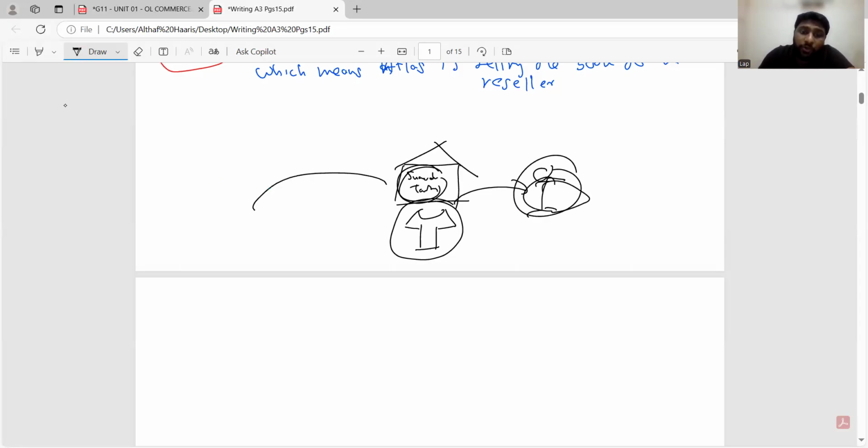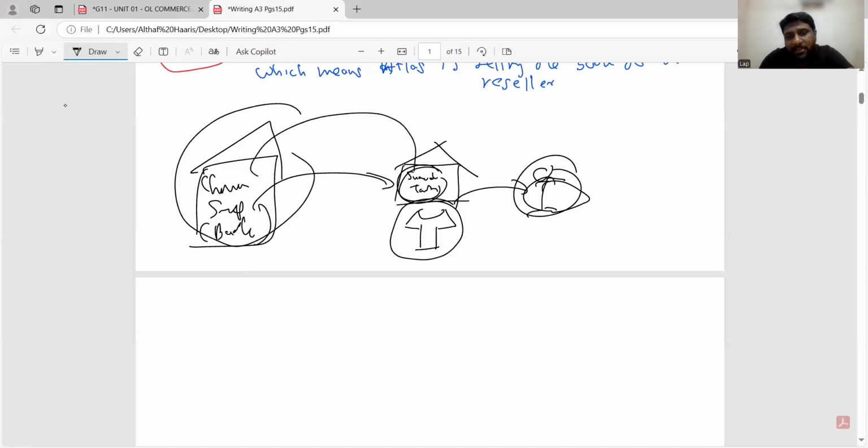Sumudu will get whatever materials are needed for the t-shirts, maybe from China or from Bangladesh. So this Bangladesh is selling the t-shirts or the garments to Sumudu. So this is a wholesale business. This is a retail business.